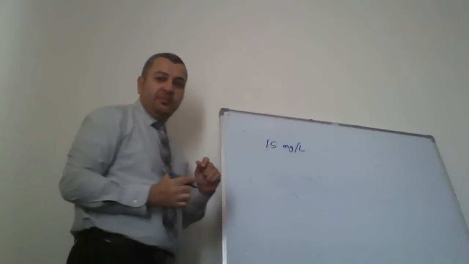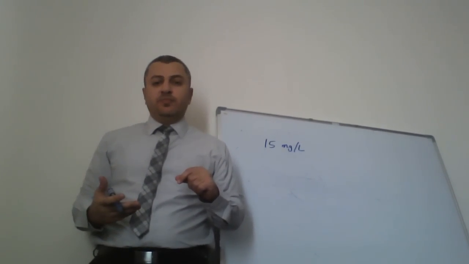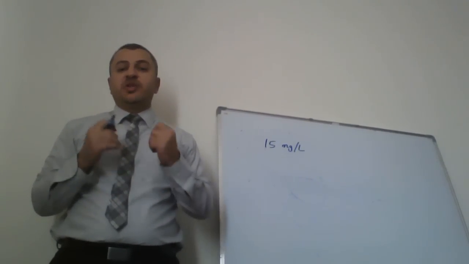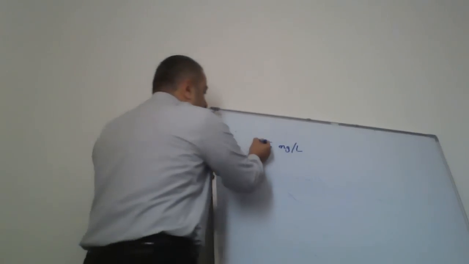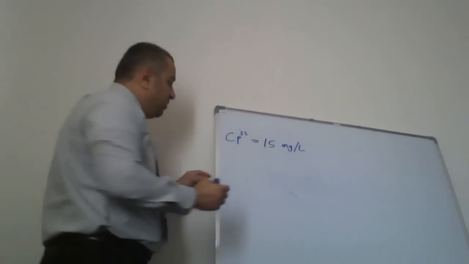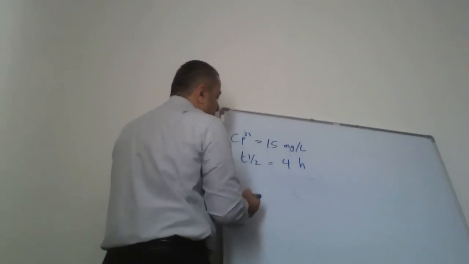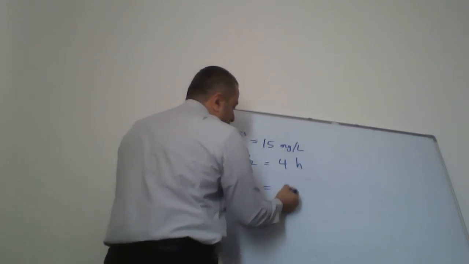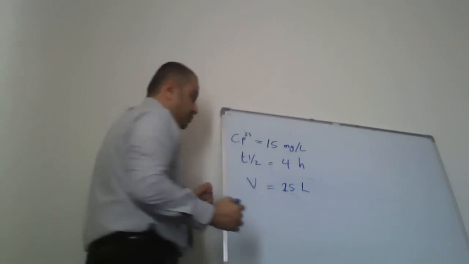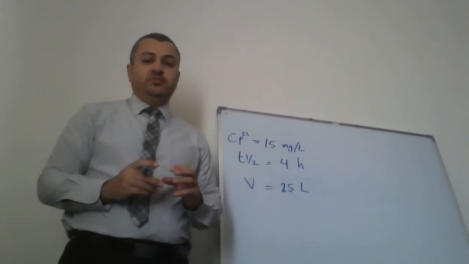This is our target, and since I'm talking about IV infusion, it means this target will be my Cpss, because that is where I want to reach. Another given data, T half, is 4 hours. Another is the apparent volume of distribution, which is 25 liter. And you are required to calculate K0.